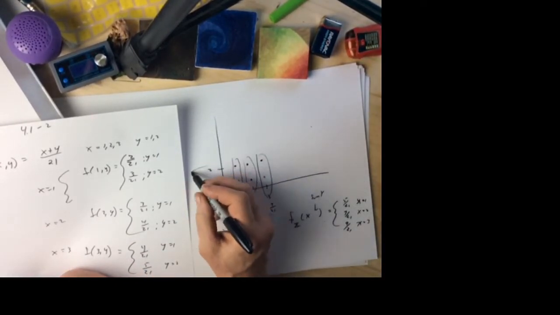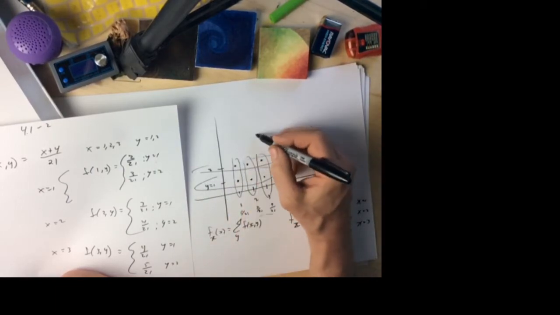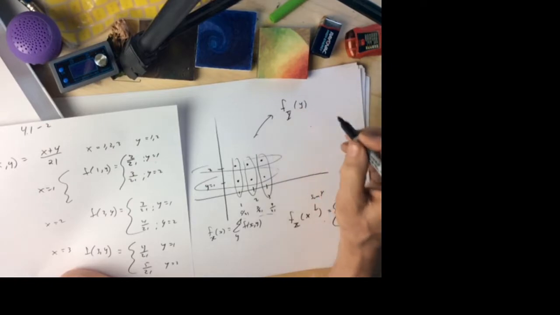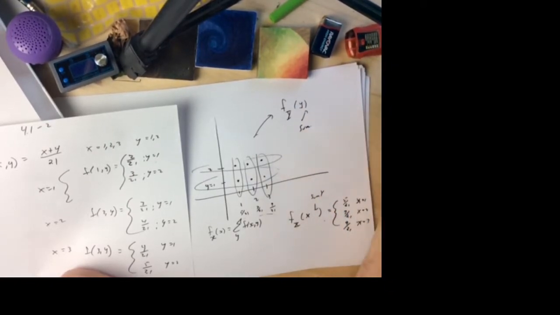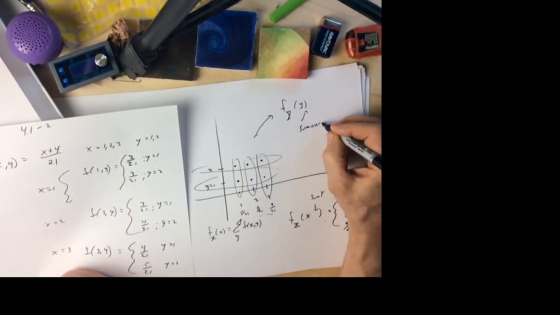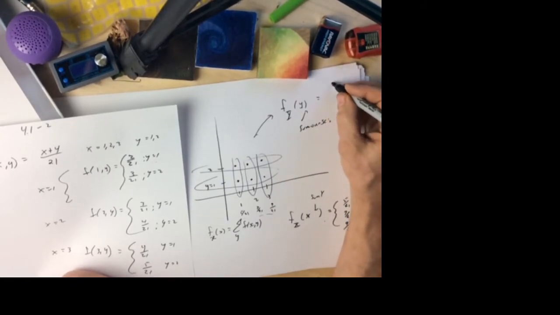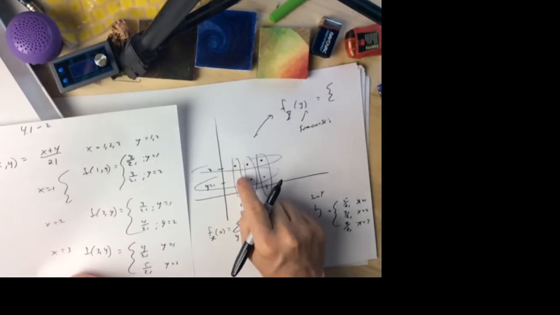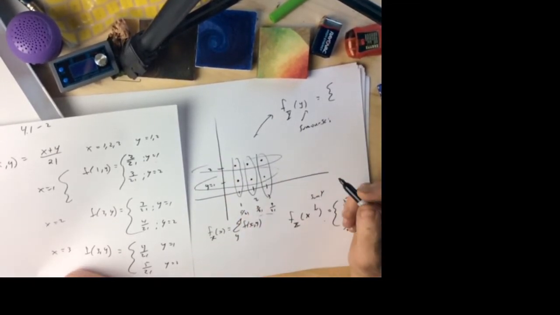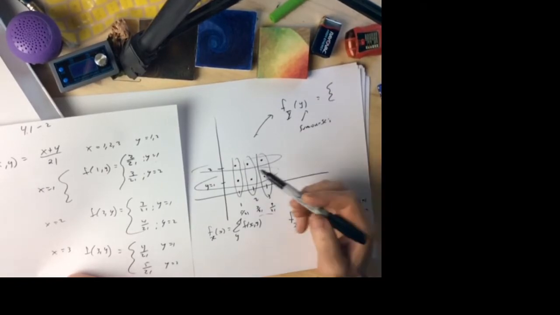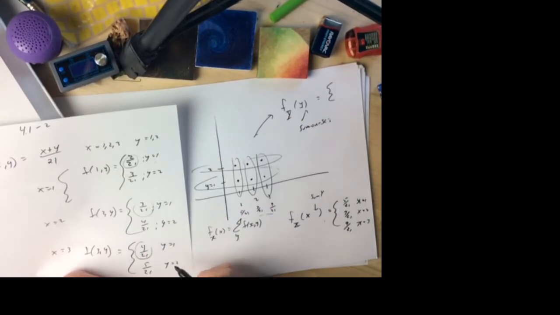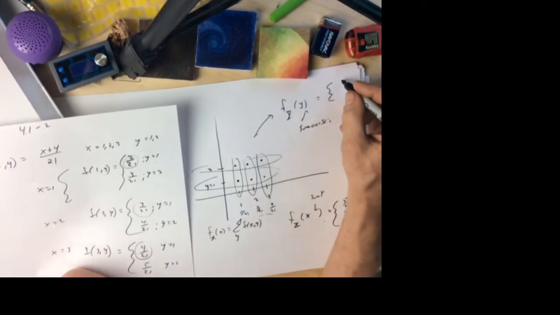But the same thing can be done horizontally, and we can get something called f sub y, which depends on a choice of y, and again, this time we're summing over x's, and this would take on a very different value, so we'd have to add up these three rather than those. So for y equals 1, we've got 2/21, 3/21, and 4/21, that's 9/21.